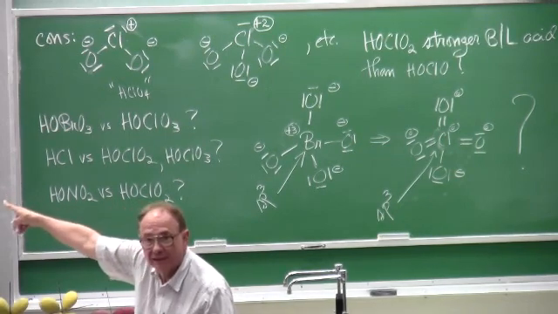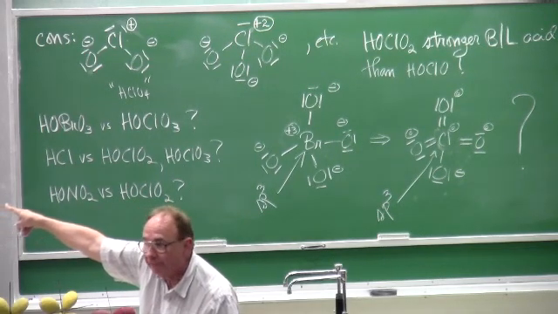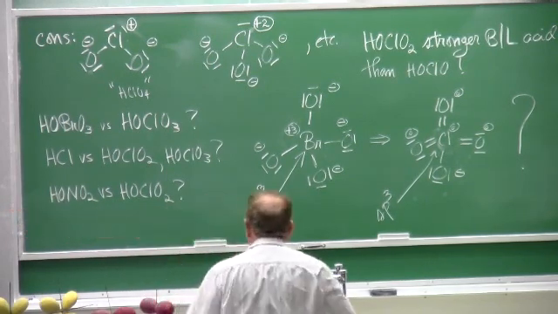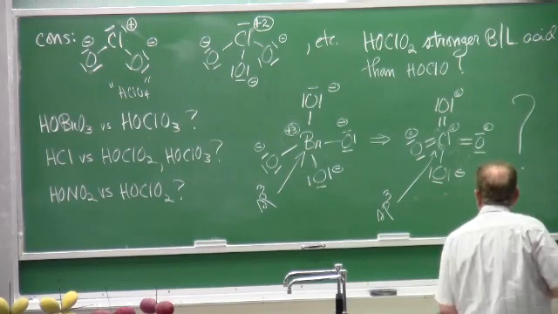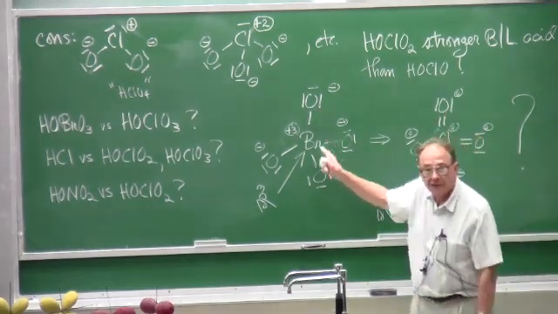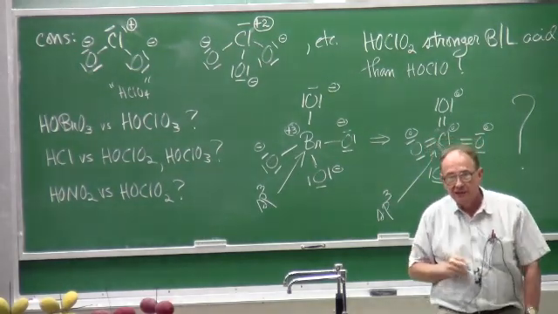What do we say over there? The practical application of this PMO stuff. Smaller and it's better. Shall we expect stronger covalent bonds between chlorine and oxygen or bromine and oxygen? Chlorine and oxygen, because they're more similar in size.